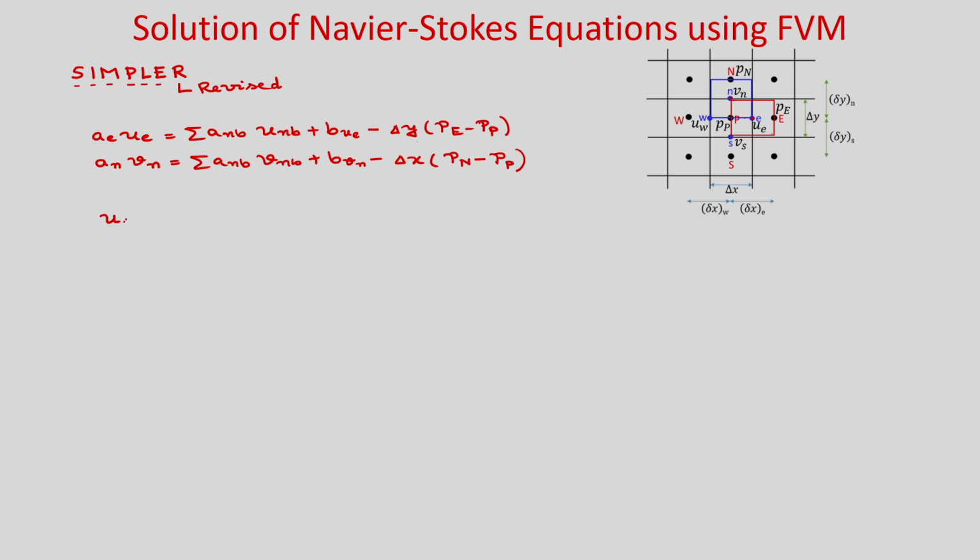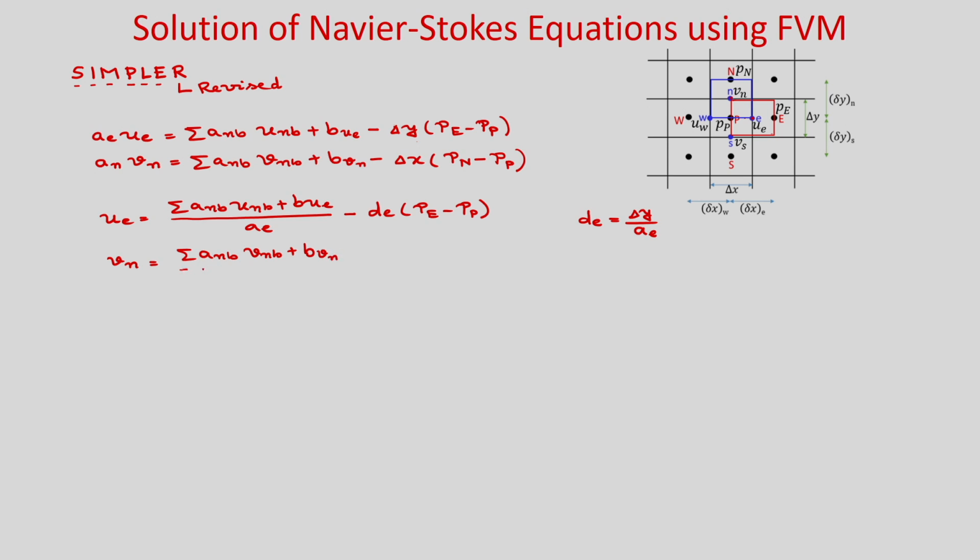You can write u_e as the summation of a_nb u_nb plus b_u at e, divided by a_e, minus d_e (P_E minus P_P), where d_e is delta y by a_e. Similarly, v_n is the summation of a_nb v_nb plus b_v at n, divided by a_n, minus d_n (P_N minus P_P), where d_n is delta x divided by the diagonal coefficient a_n.